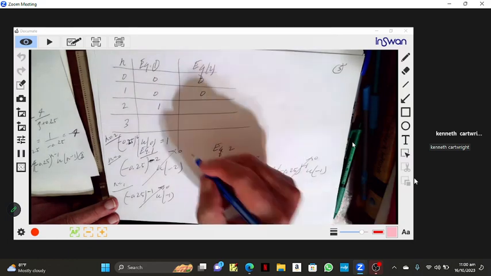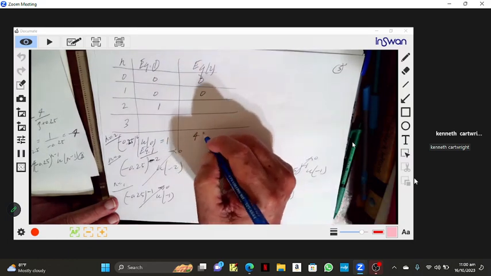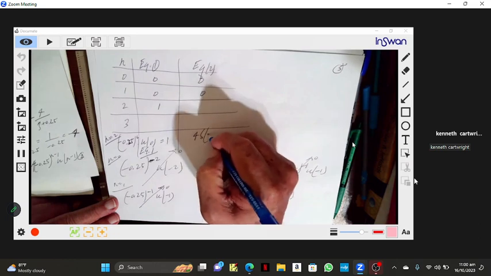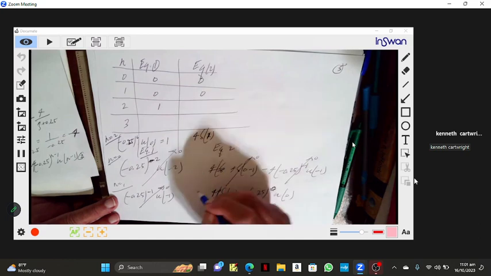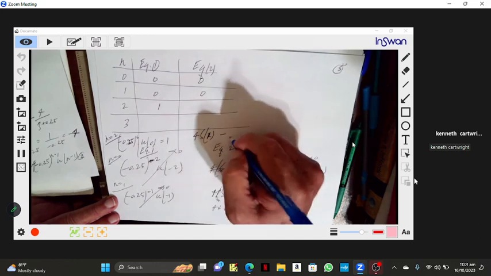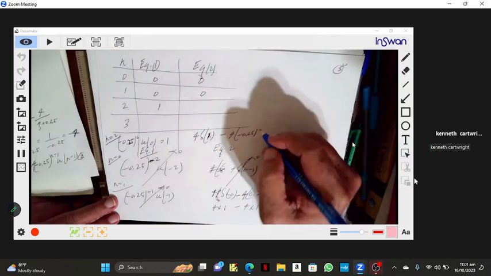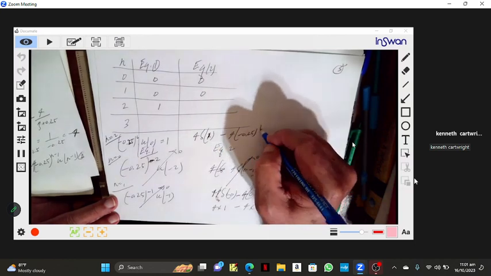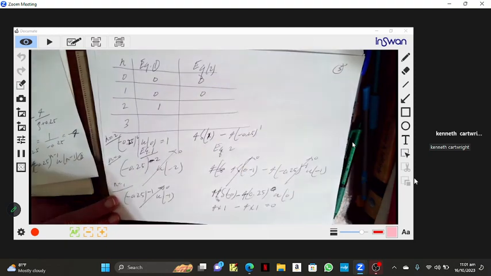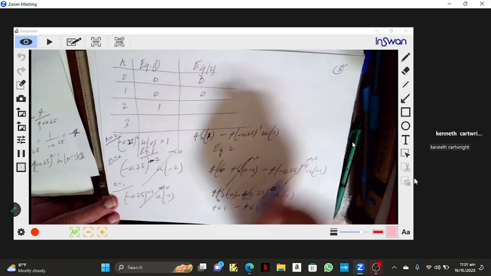And then we have 4 delta of 1, minus 4, negative 0.25 to the power of 1, u of 1.